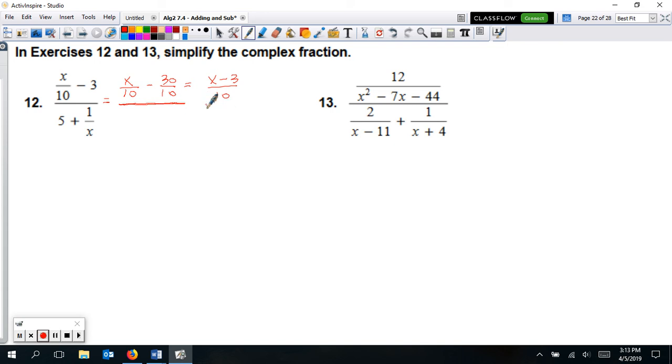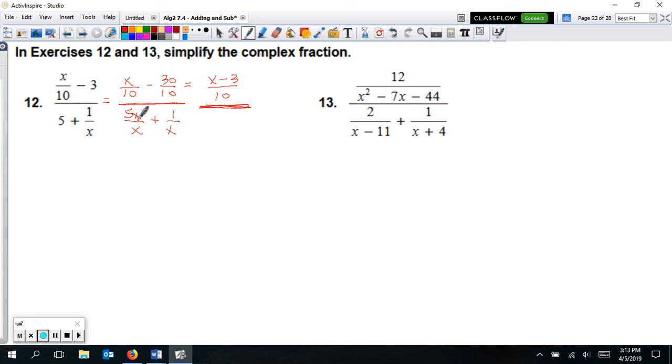So I'll put our 2 division bars, our bigger fractions there. And then our bottom one here has an x on the bottom, so our common denominator is going to be x. So on this fraction over here, we'll say x on this one plus an x on this one. This one stays a 1. Over here, we're going to multiply 5 times x. So this is going to just be 5x now on the top.